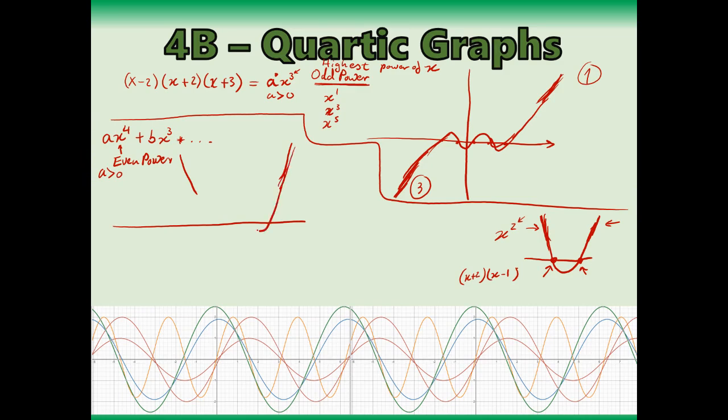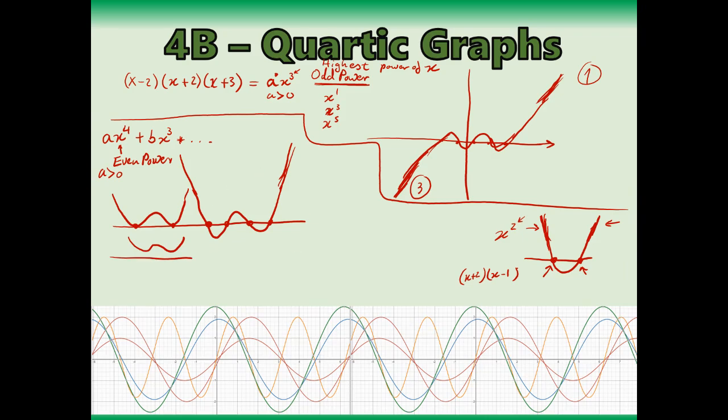It may have four solutions or just two solutions: 1, 2, 3, 4. Those depend on what numbers go into the brackets when you factorize them. It may have two solutions if it's just tangent at 2 points. So the number of solutions for a quartic is a maximum of 4. It may have two solutions, or it may have no solution at all. It may just be above the x-axis.